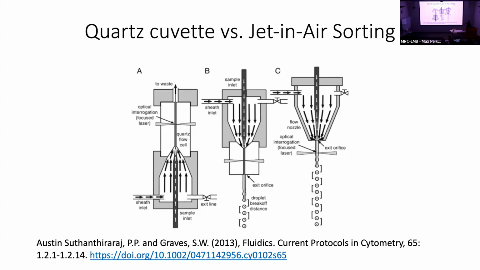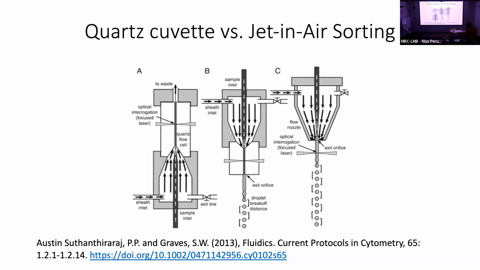Then when these droplets are broken off from the mainstream, they're given a charge, either positive or negative. They pass through a series of electrically charged plates, and then they will be sorted with the opposite charge into collection tubes below. So it's highly, highly efficient.